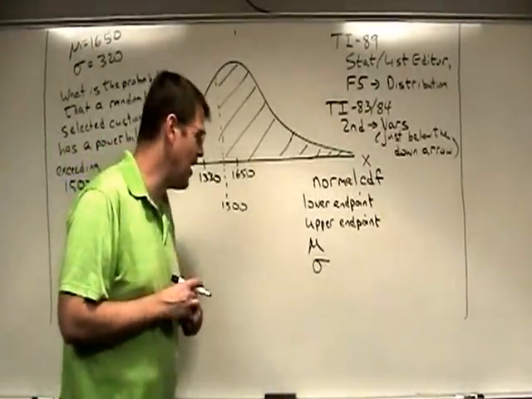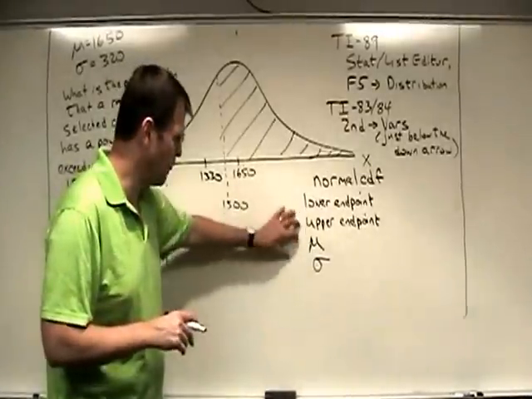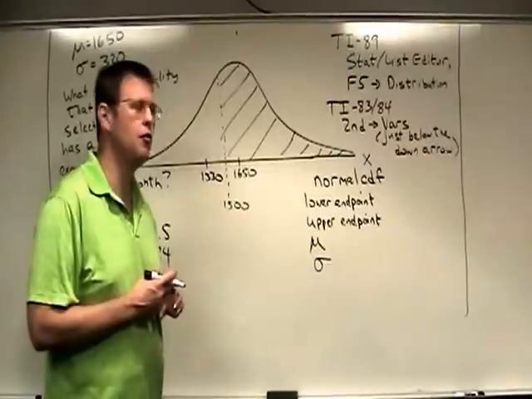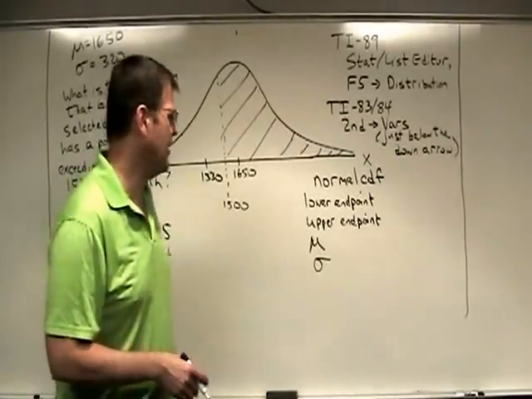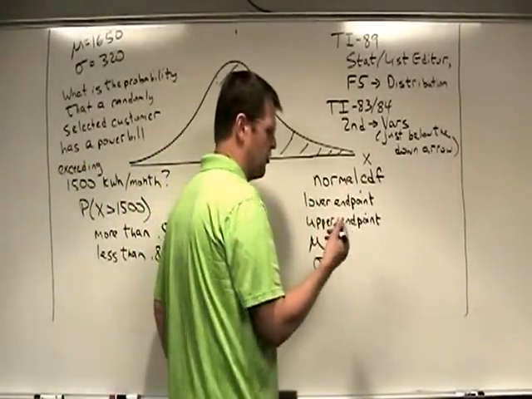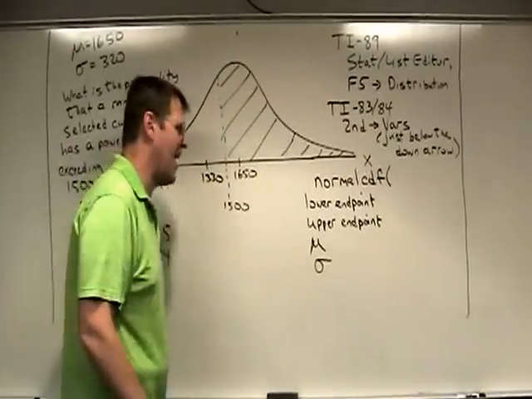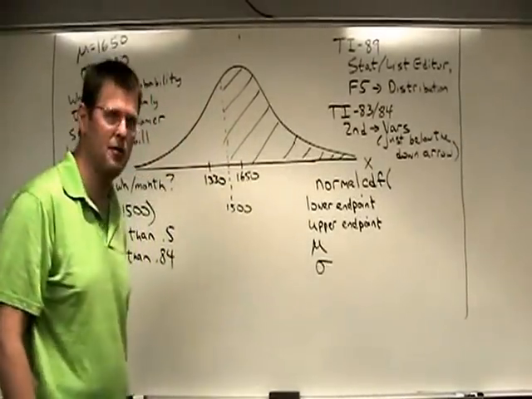Those of you with 89s know at this point you get dialog boxes, and these will be the 4 things you enter in the different parts of the dialog box. For those of you who have an 83 or an 84, essentially what's going to happen is after you call this function, you're going to get an open parenthesis, and you're going to need to enter these 4 items separated by commas.